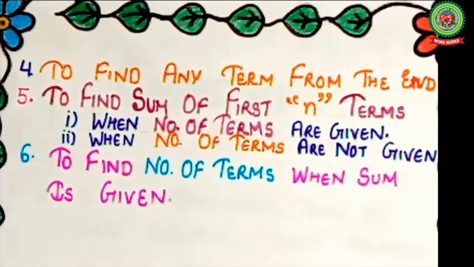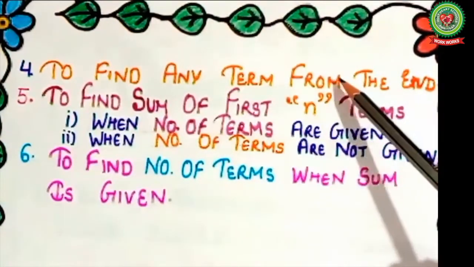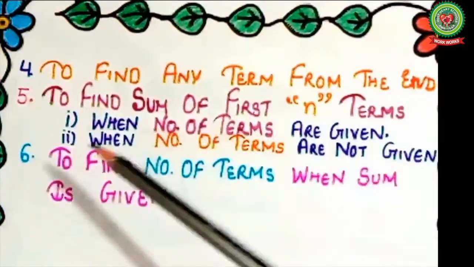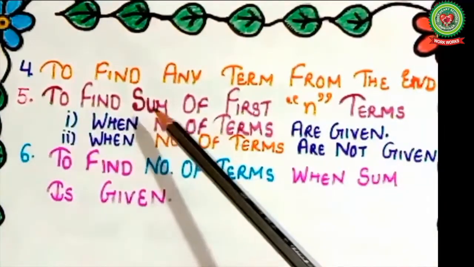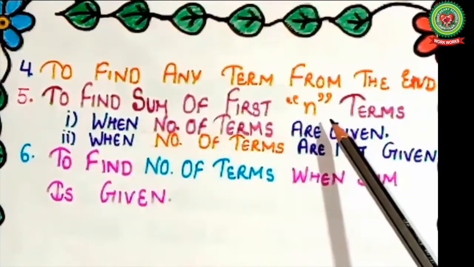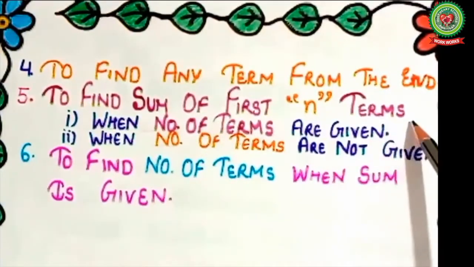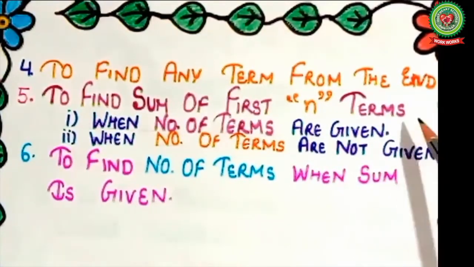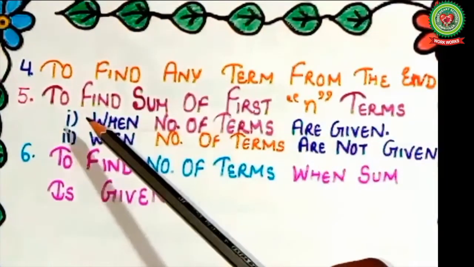Fourth, to find any term from the end. Fifth, to find the sum of first n terms. Here n means the number of terms. Here two cases are there.